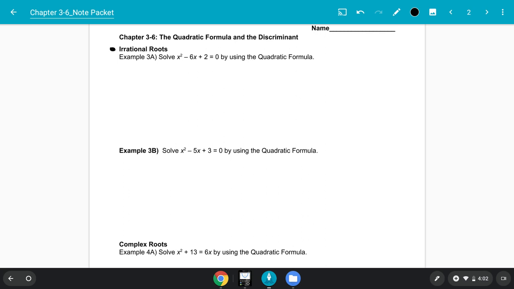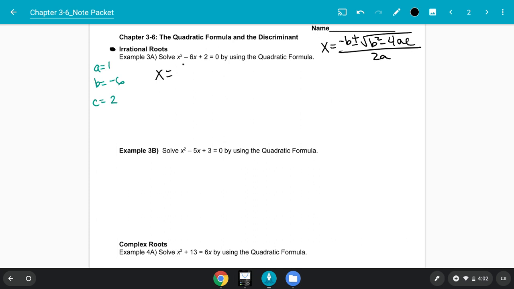Okay, same thing though. I'll write the formula up here. X is equal to negative b plus or minus square root of b squared minus 4ac all over 2a. All right. For this one, a equals b equals c equals. A is 1, b is negative 6, c is 2. We fill it in.